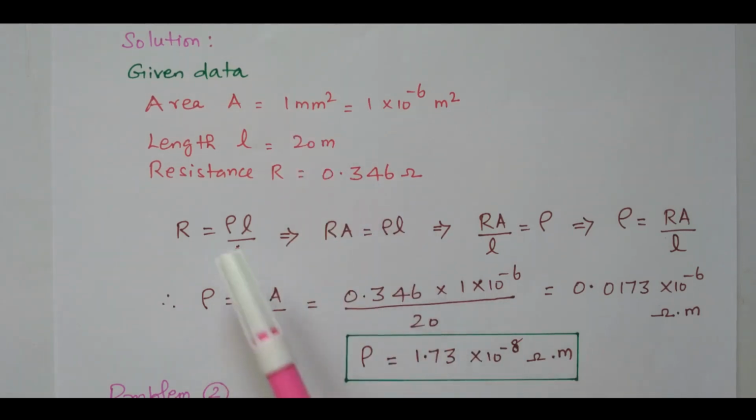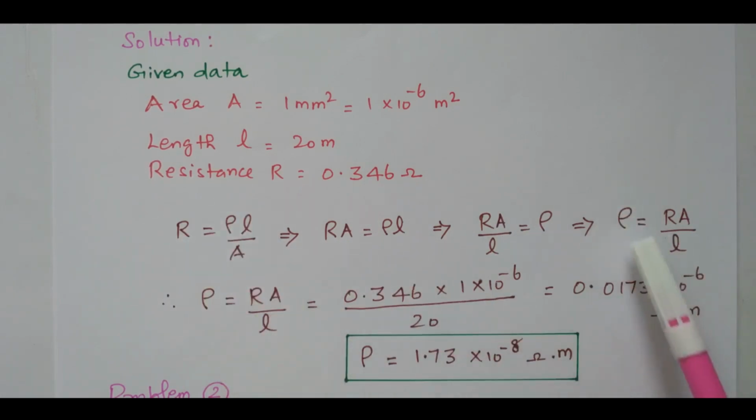What do we need to find? The resistivity. The formula is R equals rho L by A. Cross multiply: R into A equals rho L. Bring the L to the denominator: R A by L equals rho. So rho equals R A by L, and all these values are known.